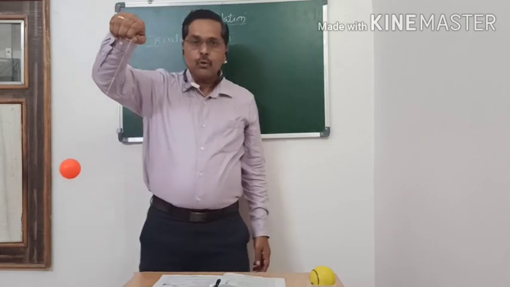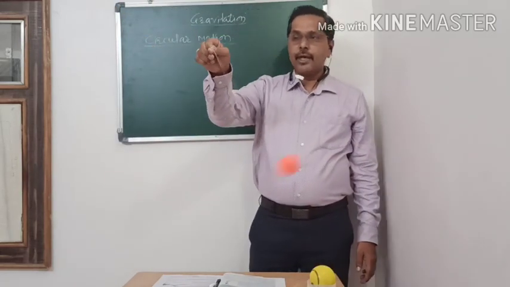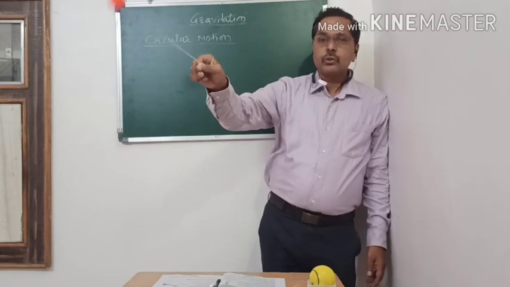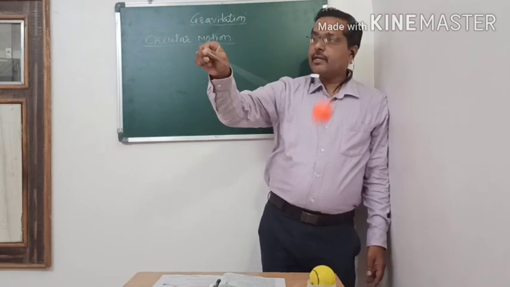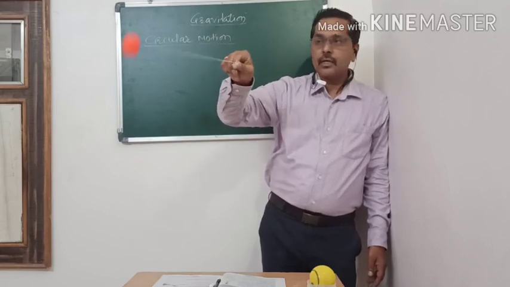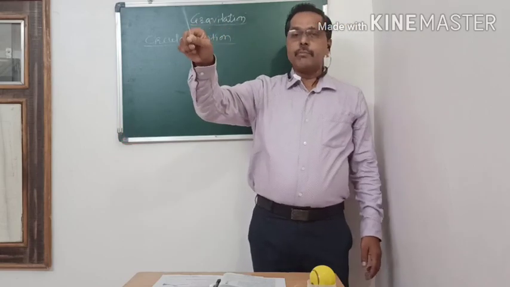But if I rotate it in this way, then now tell me the direction of force. Definitely it is towards my hand. That means it is towards the center of the circle, and the ball is revolving in a circular orbit.